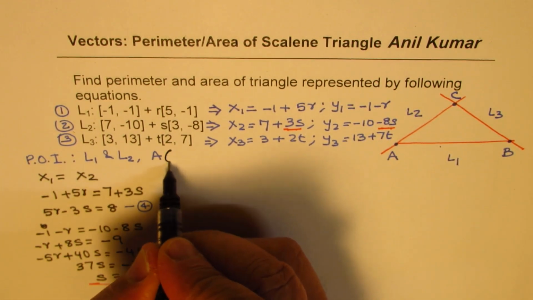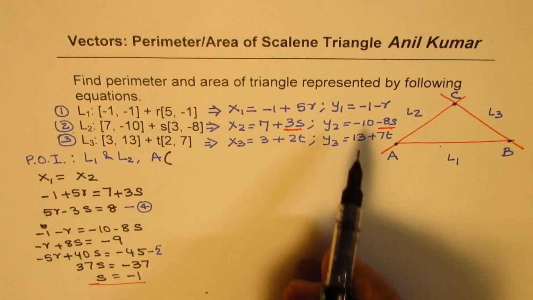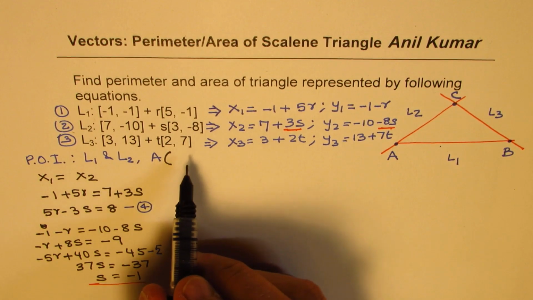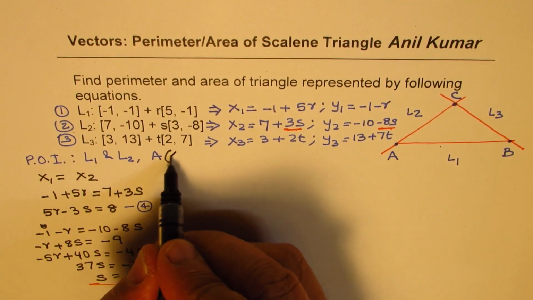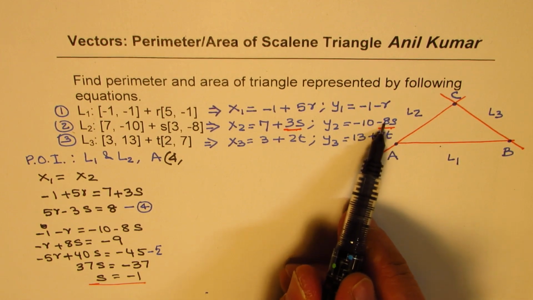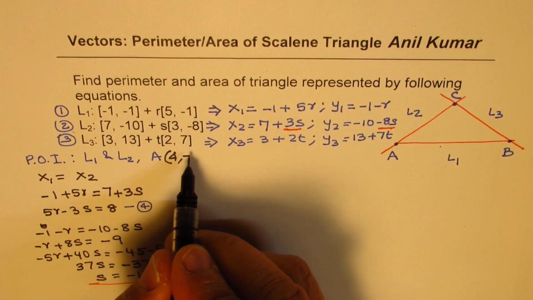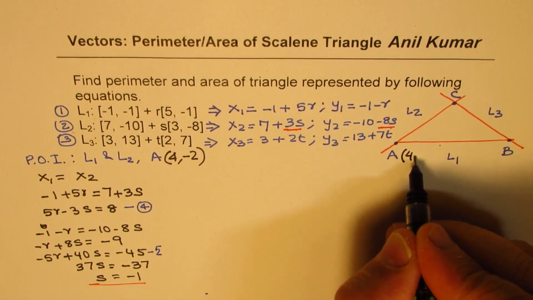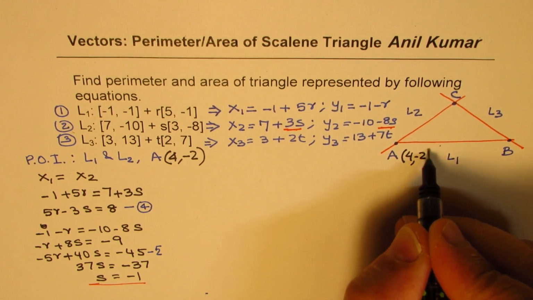So what we get here is the value of A, which is, for x, 7 minus 3, which is 4, and for y, minus 1 will make 8 positive, and we get minus 2. So the coordinates of point A will be (4, -2). Correct?